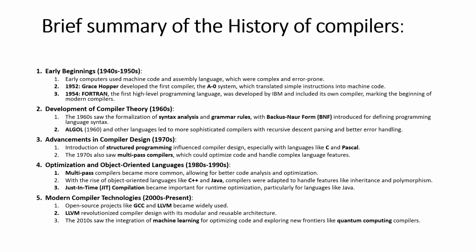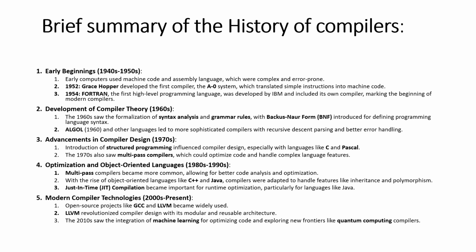Now here is a brief summary of the history of compilers. In the early beginnings, in the 1940s to 1950s, early computers used machine code and assembly languages for executing their programs, but they were very complex and error prone.